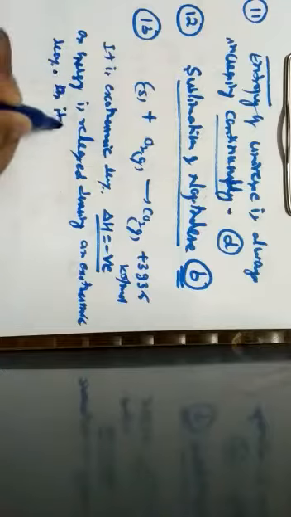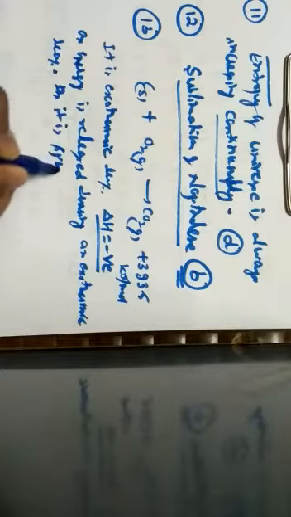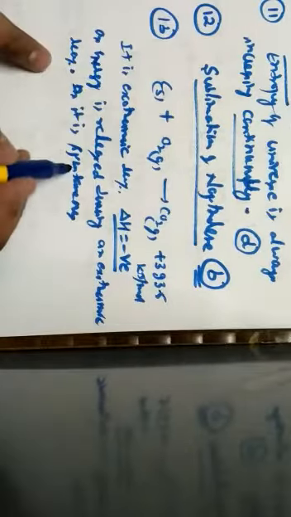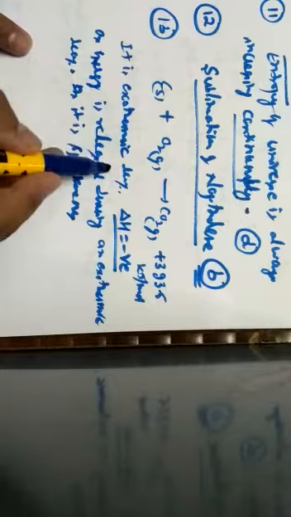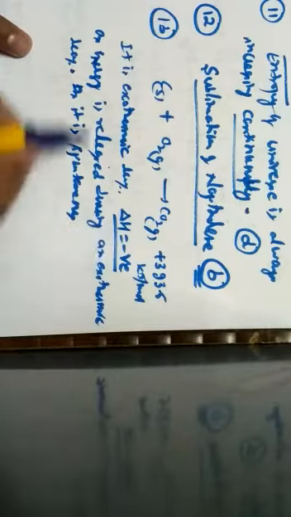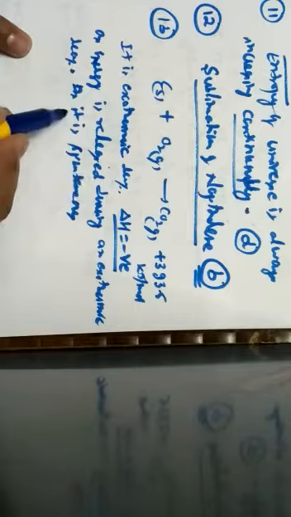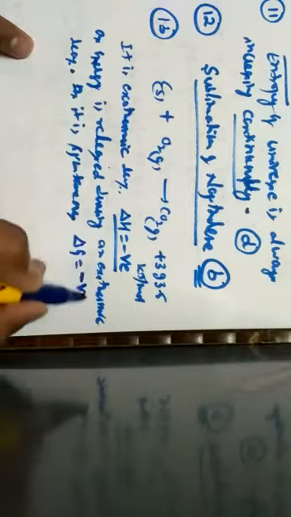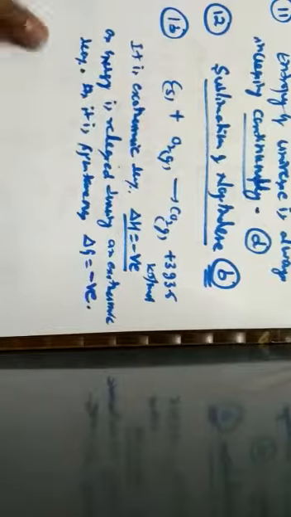So it is spontaneous. Now a question comes, why is it spontaneous? Because the reaction is exothermic, delta H is negative. Since it is spontaneous, delta G will be what? Delta G will be negative.